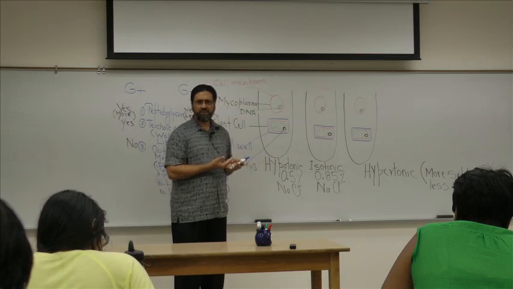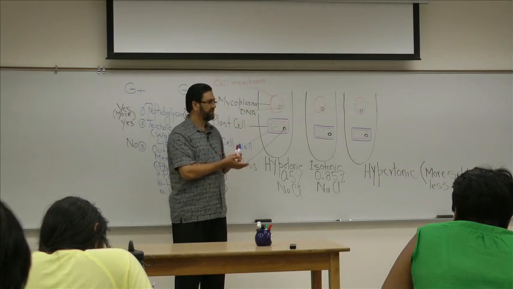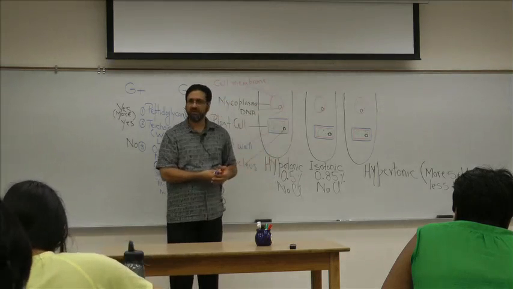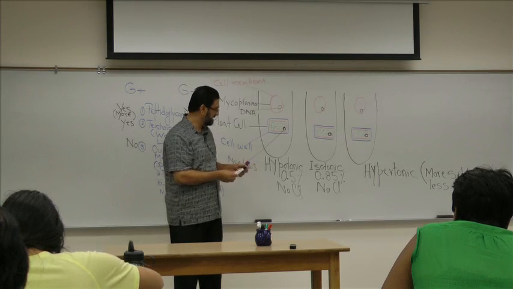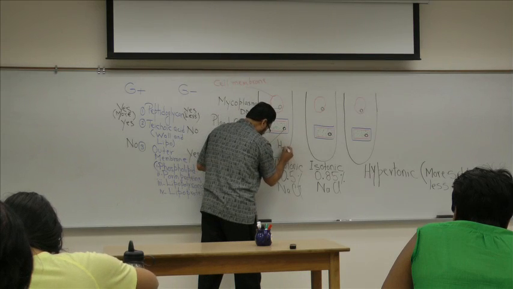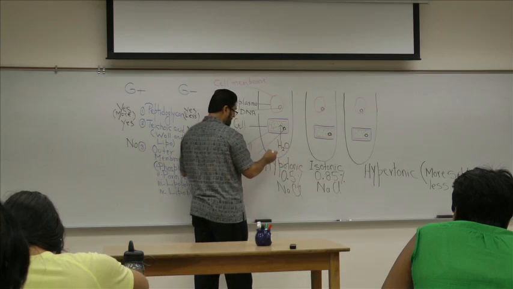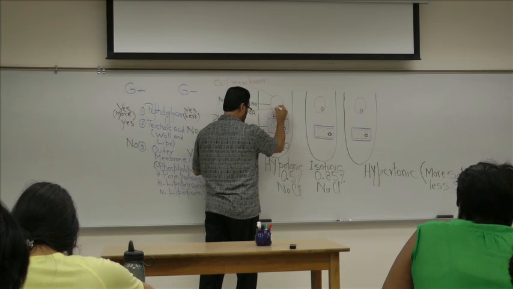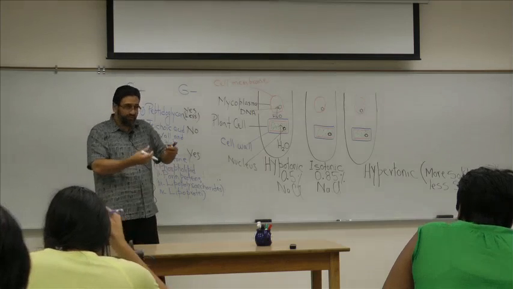Now, osmosis. Water moves from higher to lower concentration, right? So who has more water, the cell or the test tube? The test tube has more water, exactly. So water will rush in. They both will gain water.